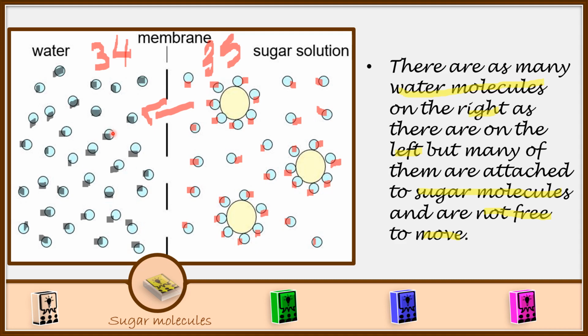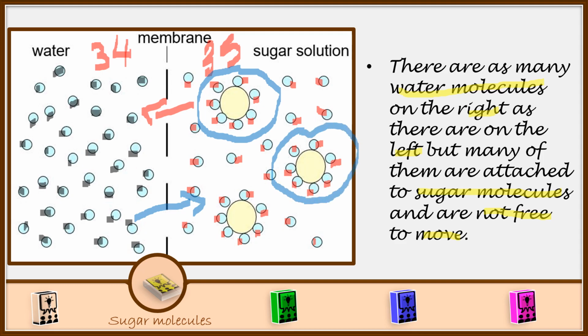But is it going to be true? No. Why? Because according to this diagram, the water is going to flow in this direction. Why? Because in this direction here, we have water molecules that are held on the sugar molecule. Those water molecules held by the sugar molecules are not free to move, which means that they are no longer existing as free water molecules.